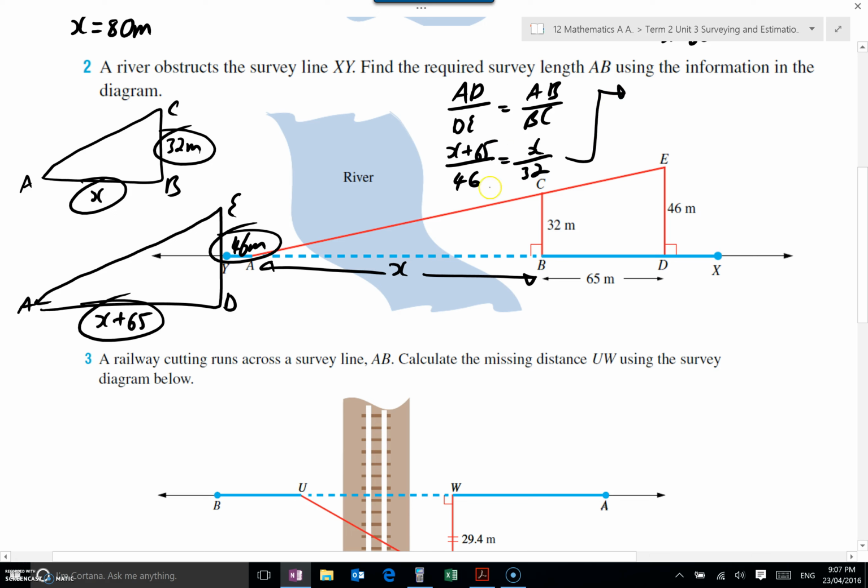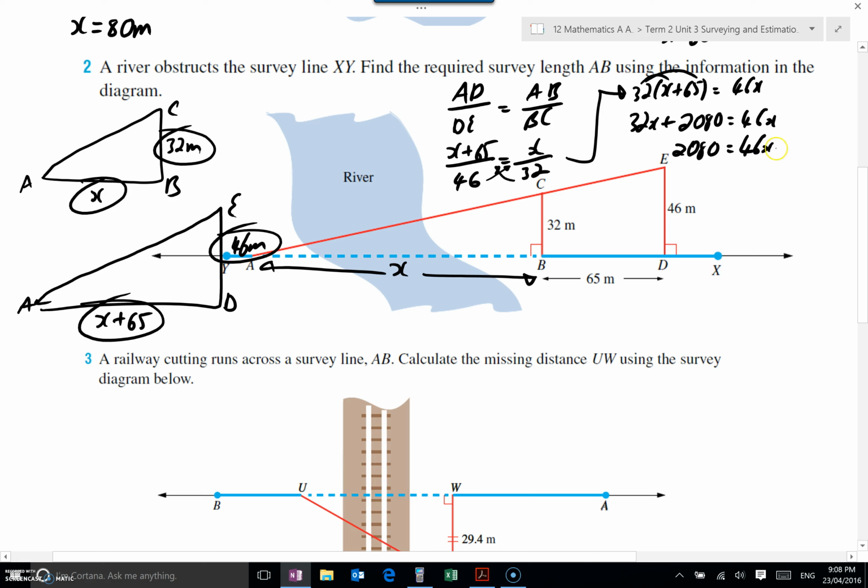From here we'll cross multiply. 32 lots of x plus 65 equals 46 times x. Do some expanding. All these algebra skills will be coming to help you out. 32x plus 2,080 equals 46x. Need to get all the x's to one side.